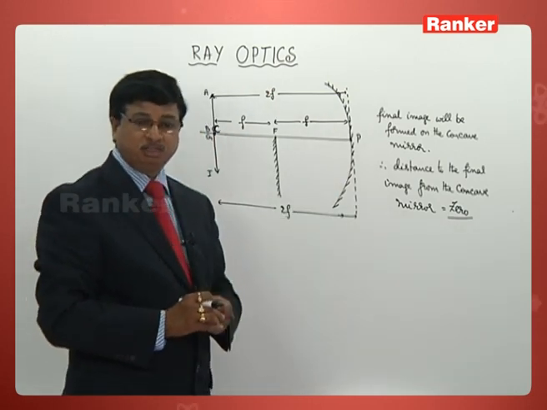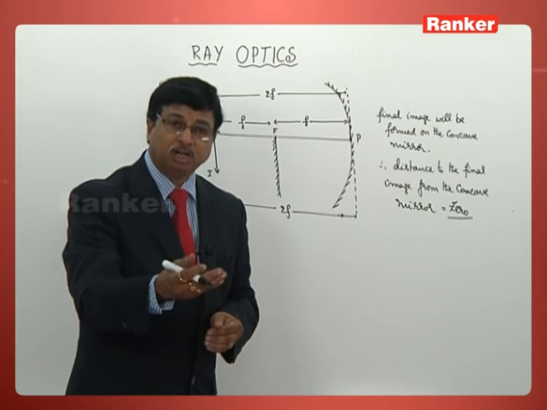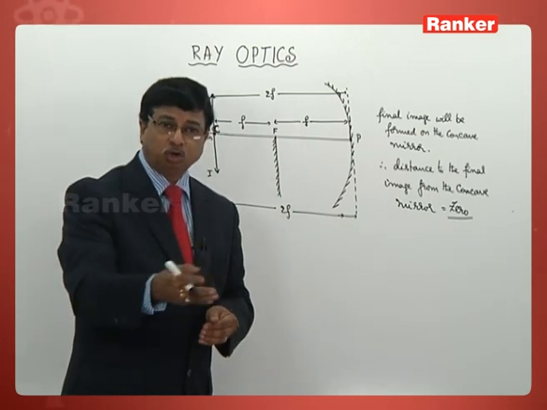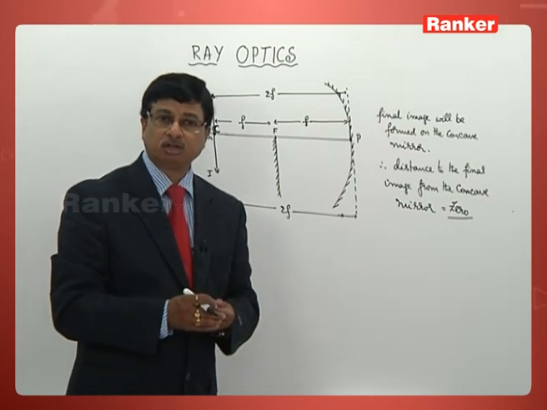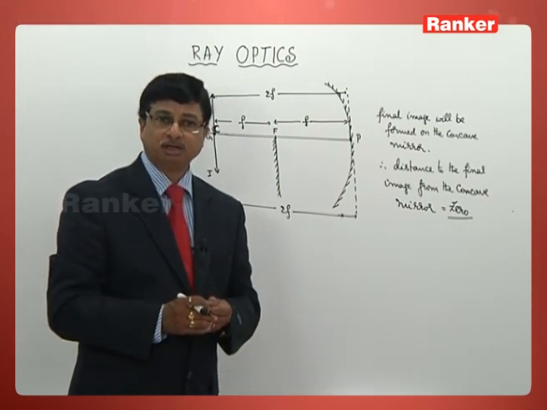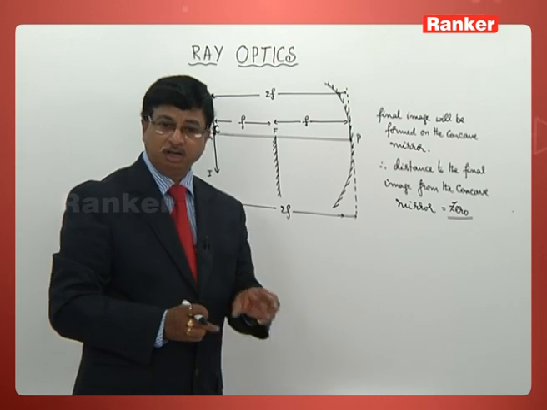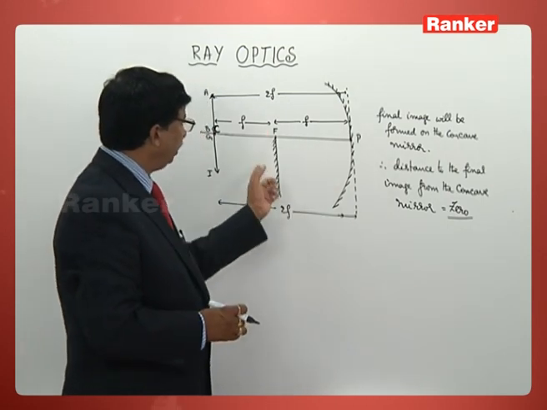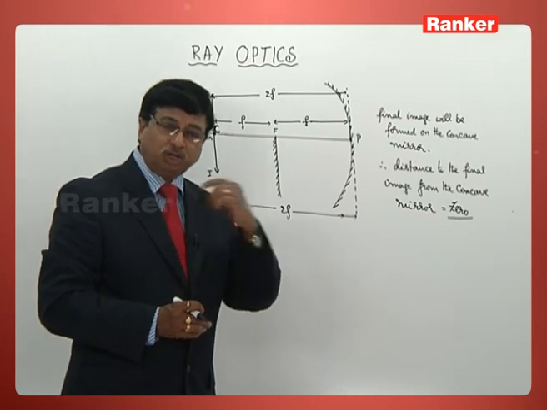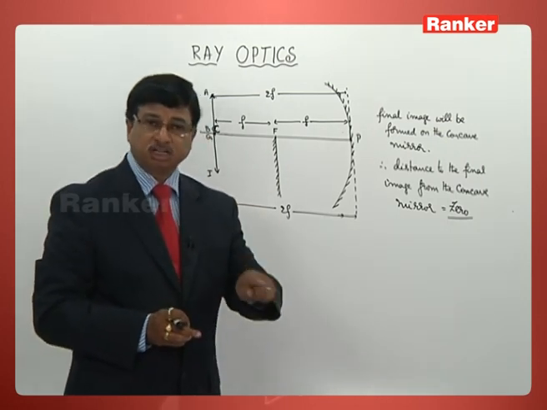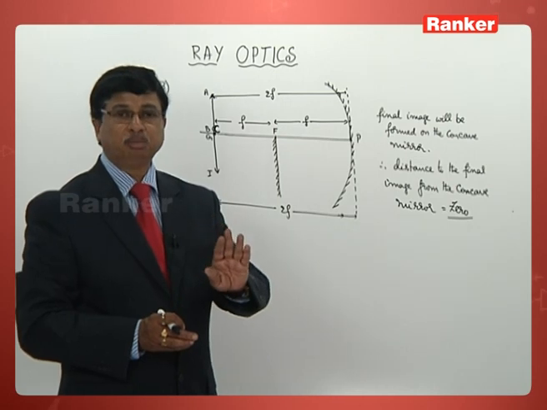When the final image is formed right on the mirror itself, from the pole to the same pole, there is no distance gap between those two points. So we can understand here the image will be formed right on the concave mirror again. Thereby the distance to that final image from the concave mirror will automatically be 0.